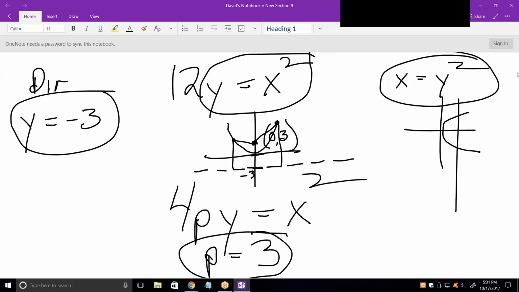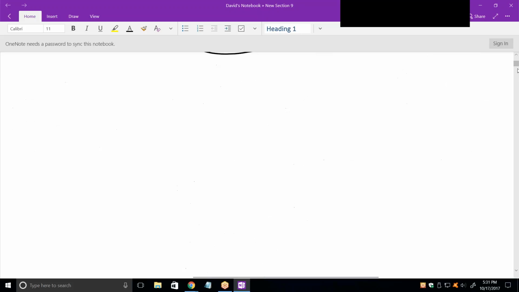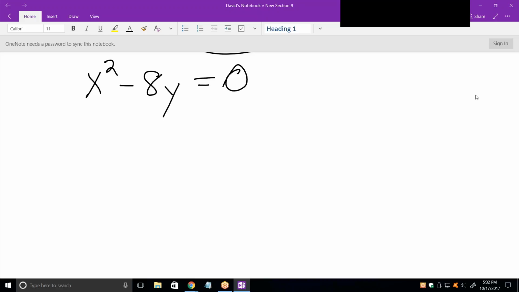All right. So the next one I have is x squared minus 8y equals 0. Then we have to find the vertex, focus, and directrix.